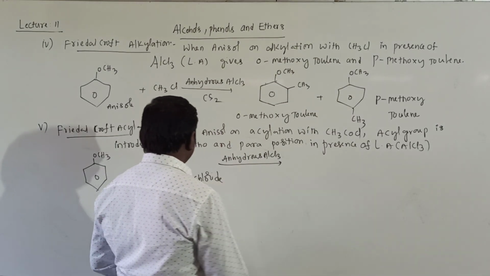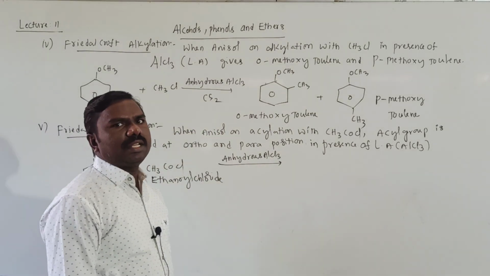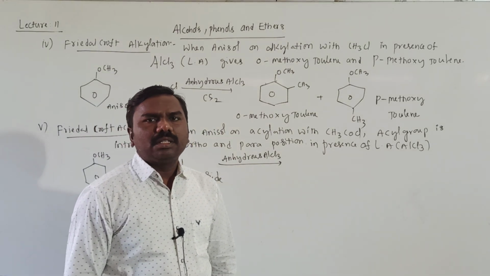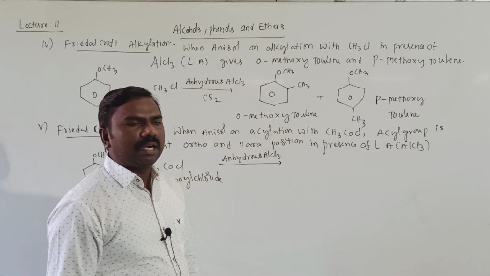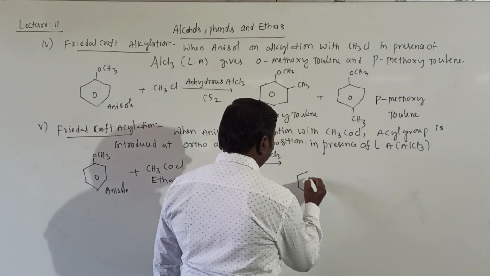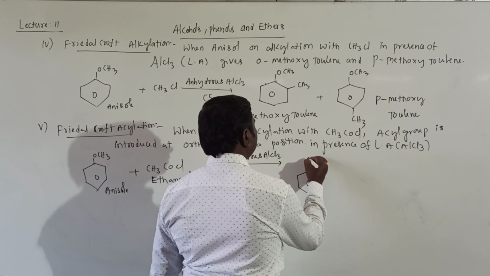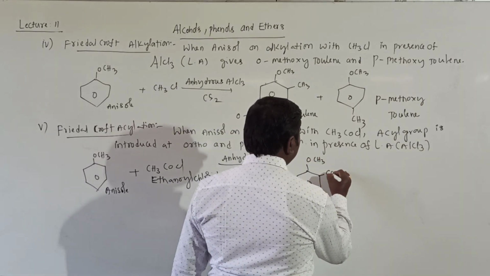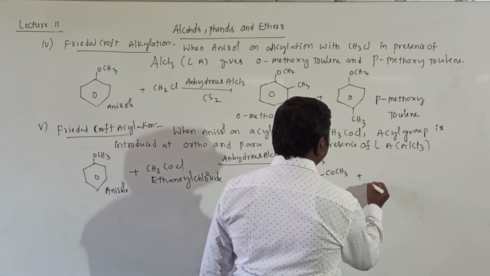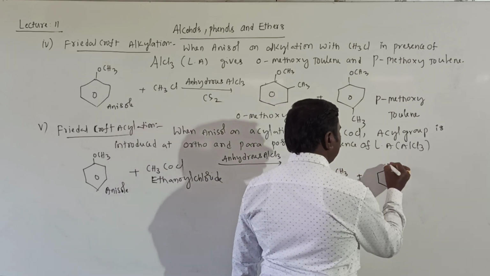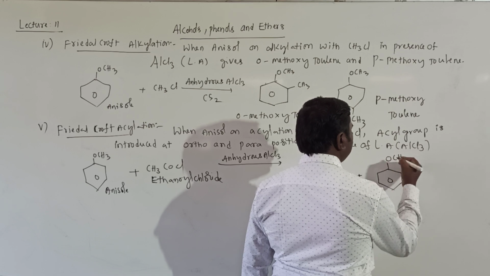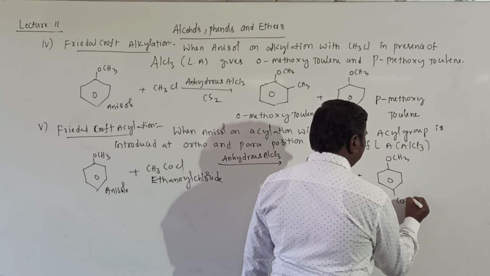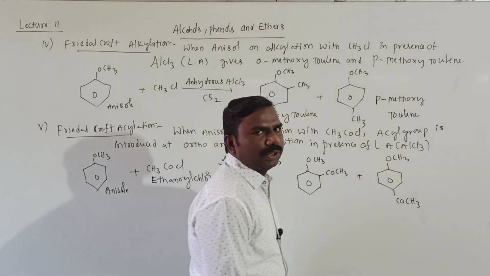Then the electrophile generated is CH3CO+, which is introduced at the ortho and para positions. The electrophile generated from CH3COCl is added to the ortho position, and the CH3CO+ electrophile will also be added to the para position.